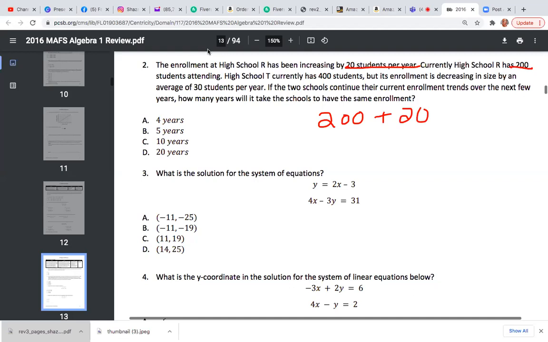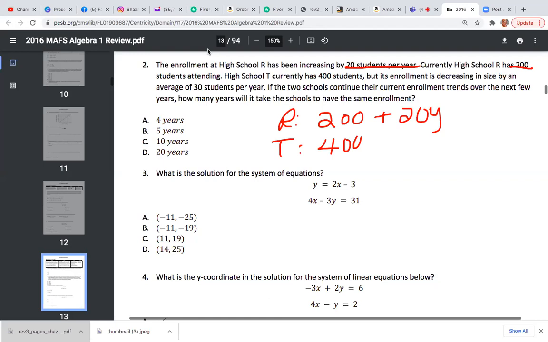And we'll call the year Y. I'm just making this up as I go along. High school T, oh, this is R, and there's high school T. High school T has 400 students, and it's currently decreasing in size by an average of 30 students per year.